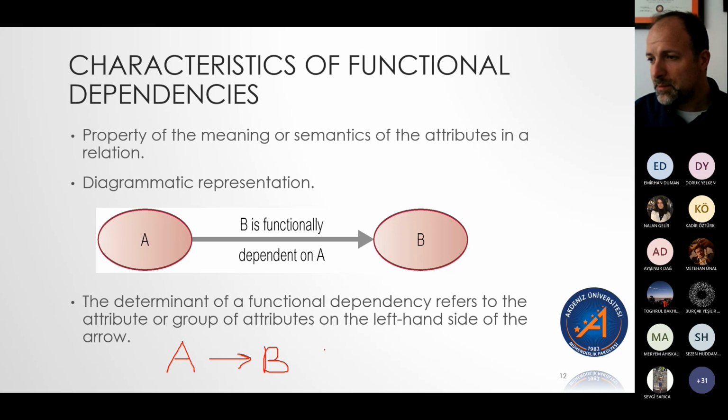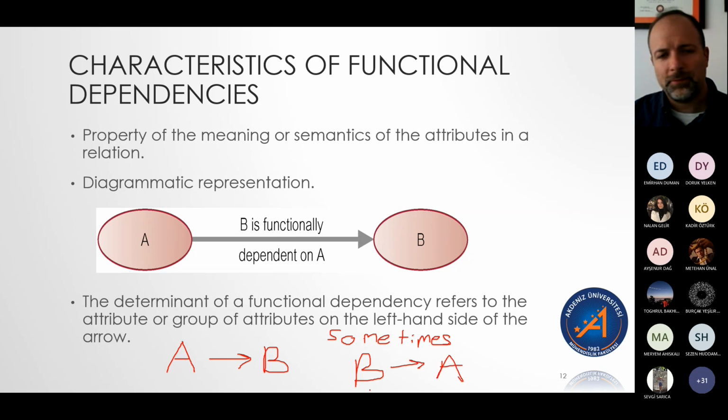Sometimes B determines A, but again, not always. We need to be cautious to make sure that we know which one is the determinant and which one is functionally dependent on the determinant.